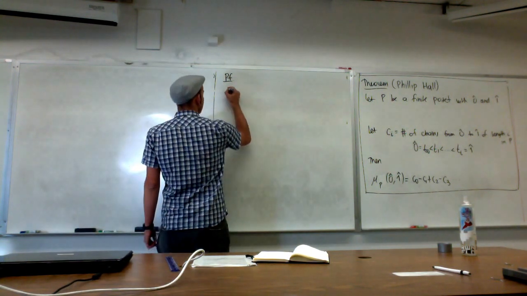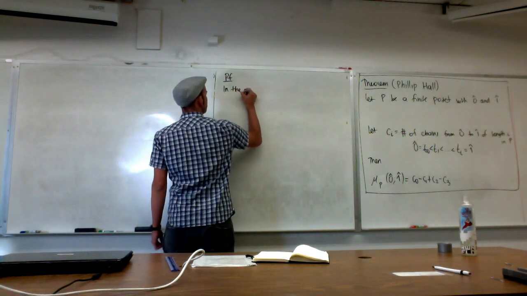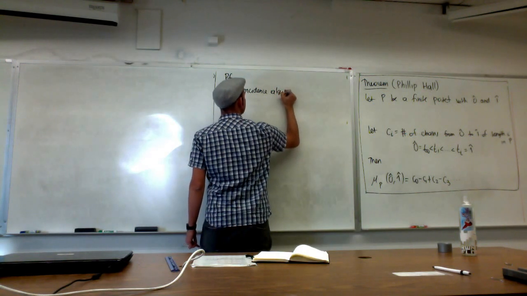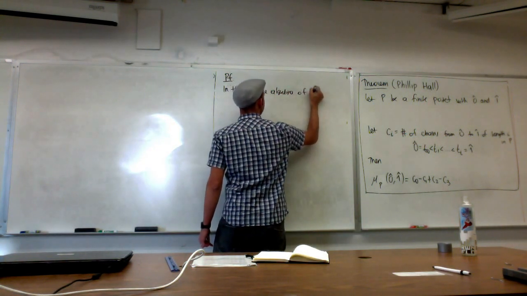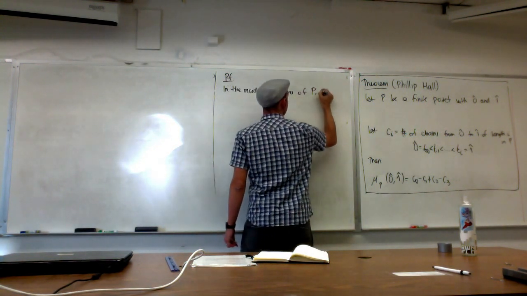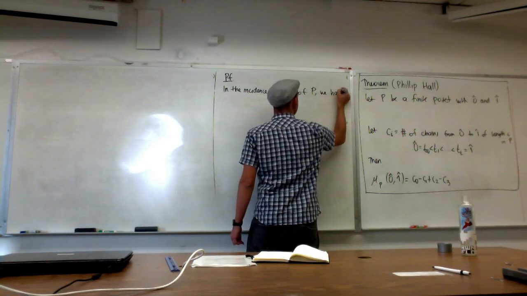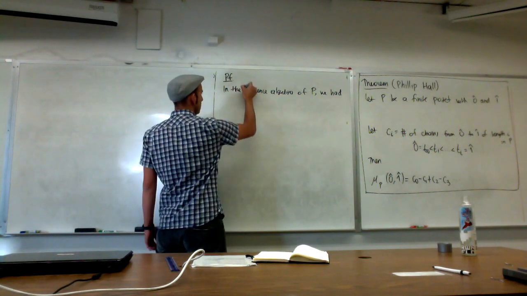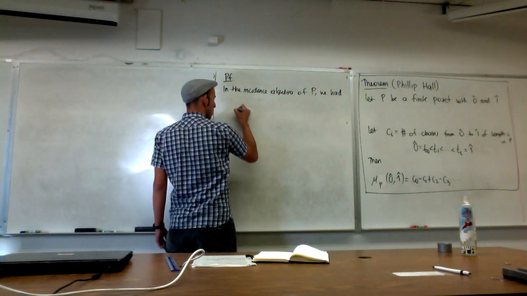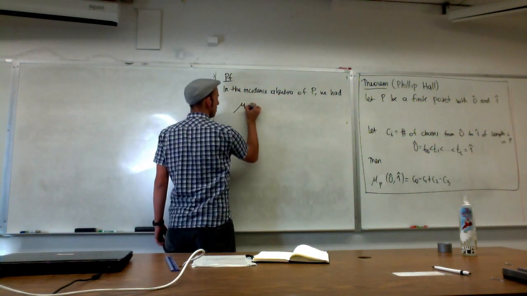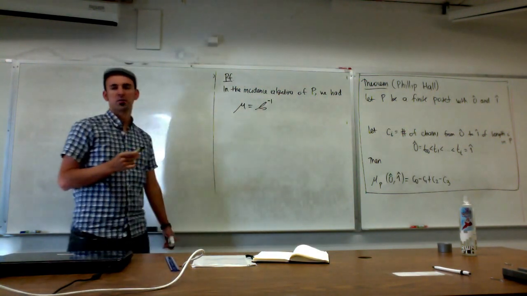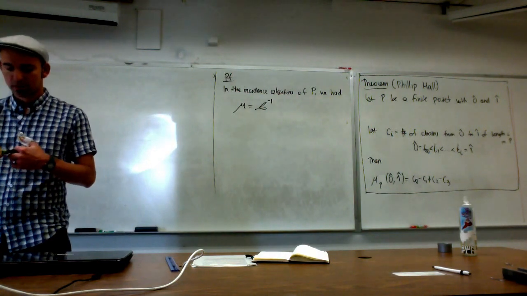So in the incidence algebra of the poset, we had that the Moebius function was the inverse of the zeta function.